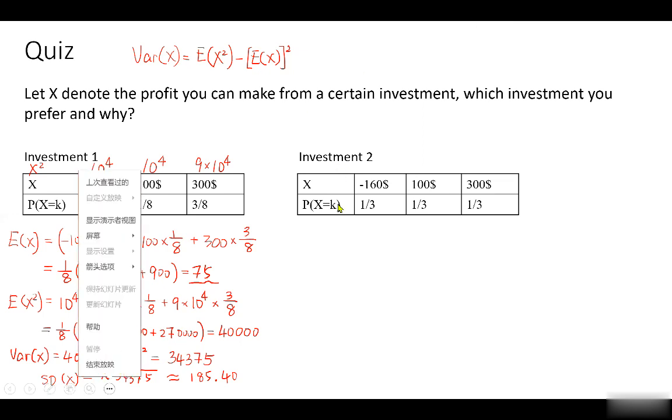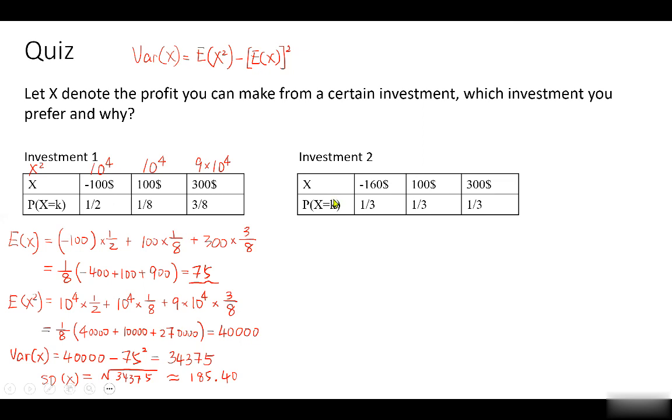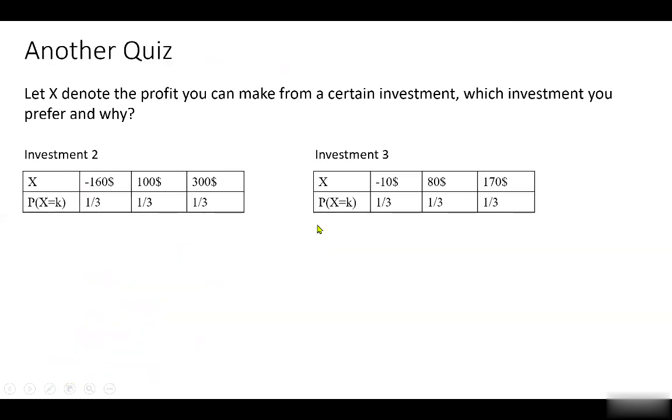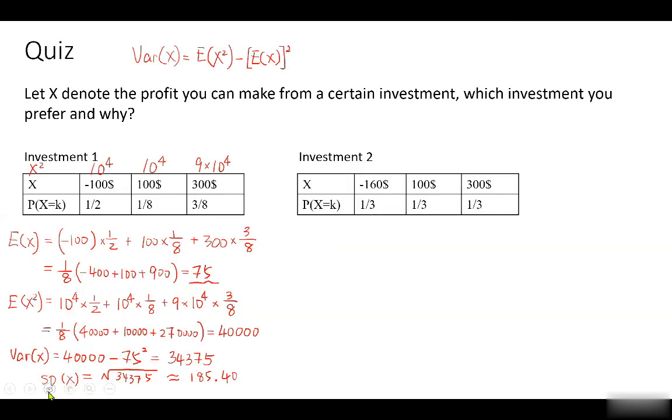All right, and then let's calculate for the second investment. First we need to calculate the expected value of X, which is minus 160 times 1/3 plus 100 times 1/3 plus 300 times 1/3, right?